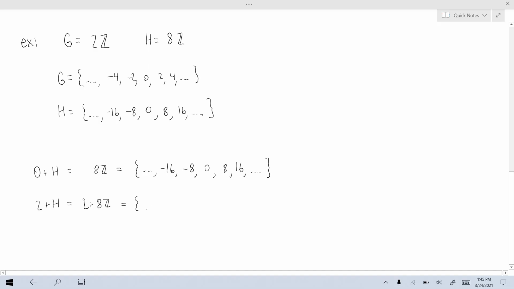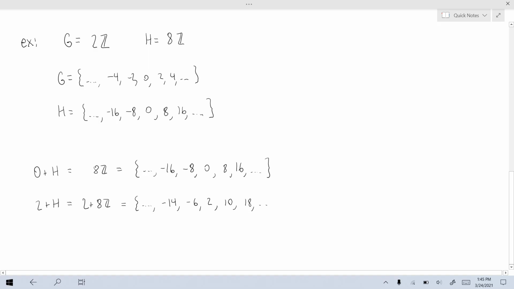So to get this coset, I want to add 2 to every element of H, okay? So here I'm going to list a couple of elements of this coset. Okay.